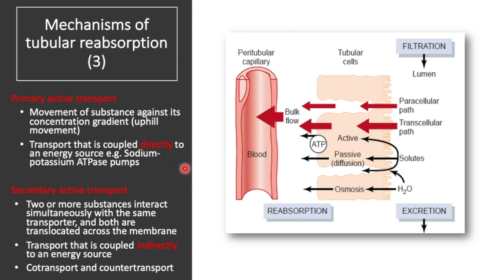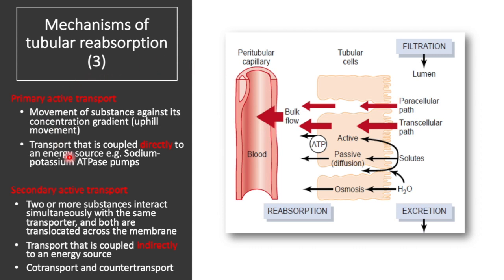Tubular reabsorption may also occur via active process, which are primary and secondary active process. In active transport, the concentration of the substance may be higher in the tubular cells or capillary than in the lumen. So the concentration of the substance will be lower in the lumen compared to the tubular cells and peritubular capillary. So this reabsorption process will require energy.